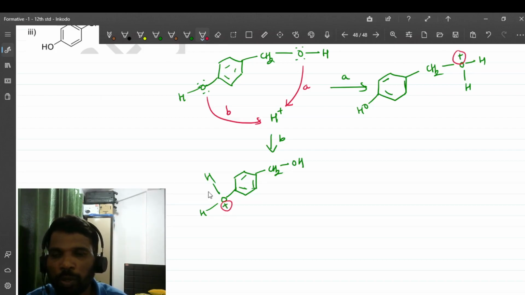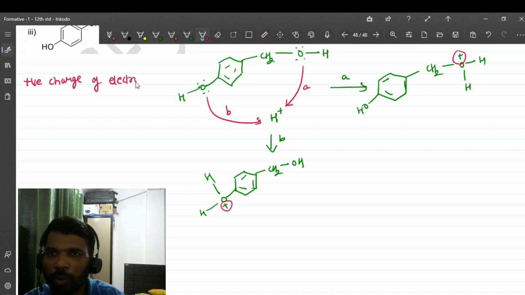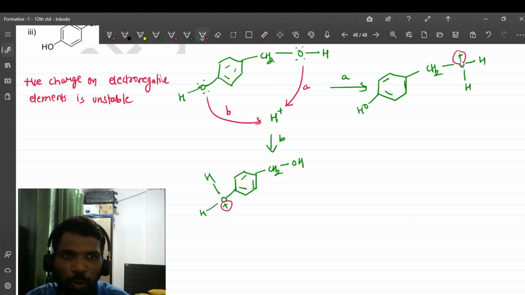Remember, positive charge on an electronegative element is unstable. That molecule becomes unstable. Remember this. There is a positive charge on an electronegative element.